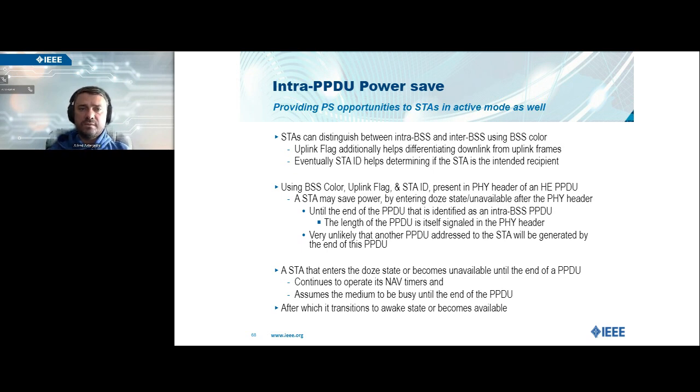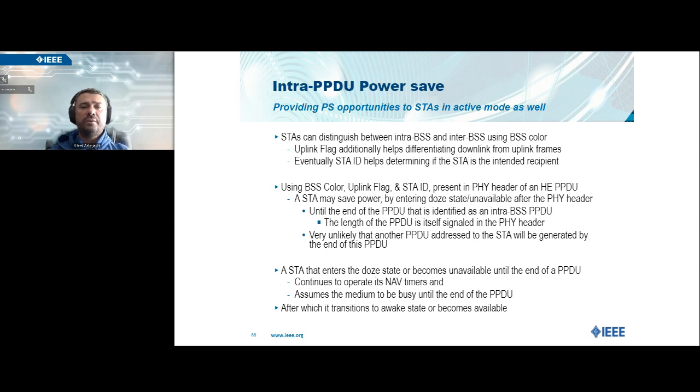The criteria for the PPDU to satisfy are essentially obtained from signaling that is present in the PHY header of the PPDU. So we have the BSS color that we mentioned earlier to differentiate between intra-BSS and inter-BSS PPDU. The PHY header in the SIG-A contains an uplink flag, which additionally helps differentiating downlink PPDUs from uplink PPDUs.